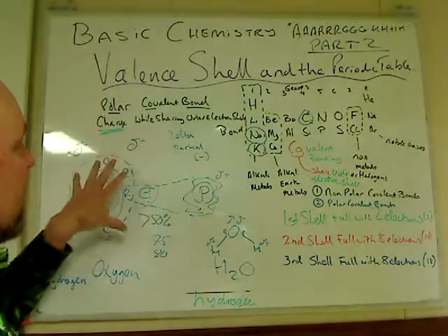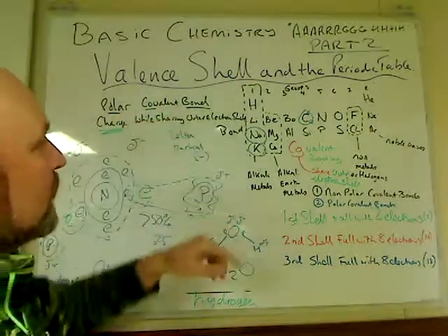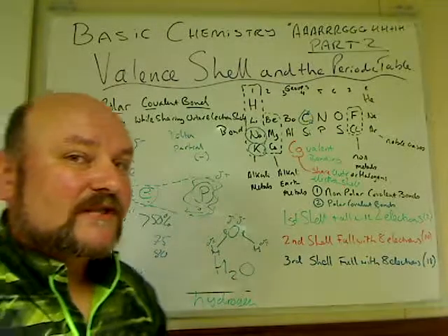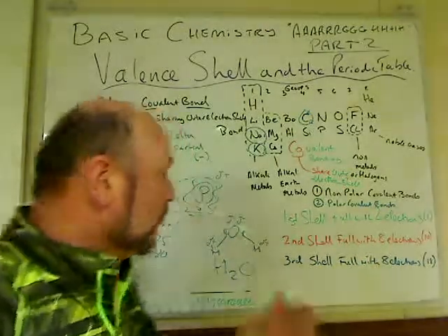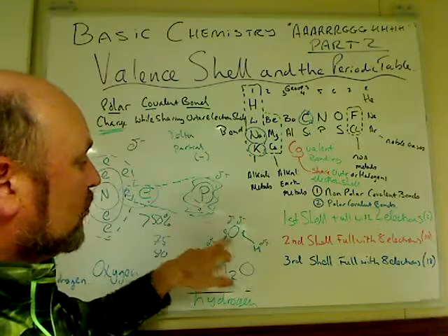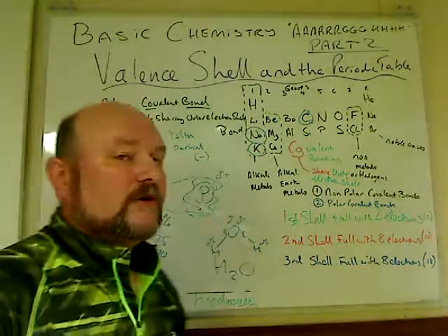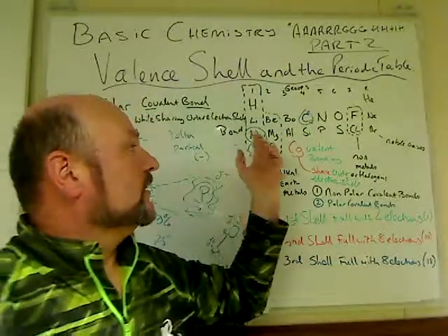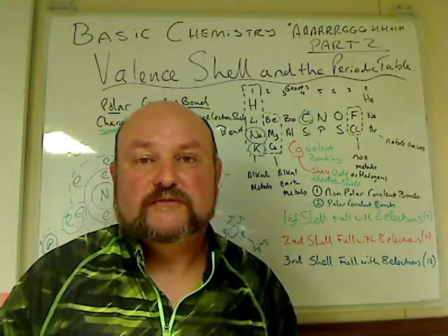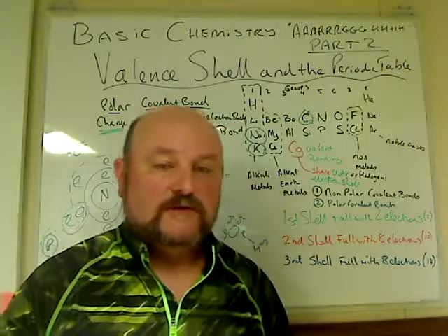So because it's magnetic, a polar covalent bond will interact with ionic bonds because they carry charge as well. So water, which has the polar covalent bonds joining the oxygen to the hydrogens, will interact with sodium chloride that we looked at earlier because that's positive and negative. Sodium's positive, chloride's negative.